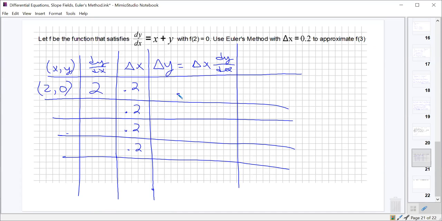It should just be the two multiplied together. So our new point will be the point x plus delta x, which is 2.2, and y plus delta y, which is 0.4. Everybody good with that? And sometimes I'll write that point down there at the end also, but you don't need it. Everybody good there? Okay, so then what is dy/dx now at x equals 2.2?